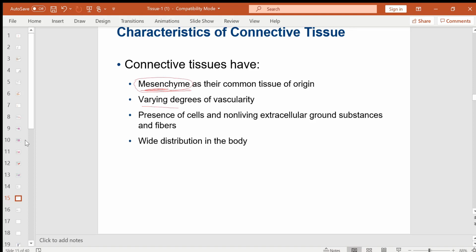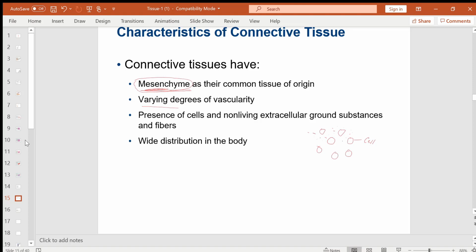In the connective tissue, you will see a few things. Cells are usually not attached to each other. So you have different types of connective tissue cells, but not like epithelial tissue. They are not usually attached to each other. And in between the cells, you have matrix.